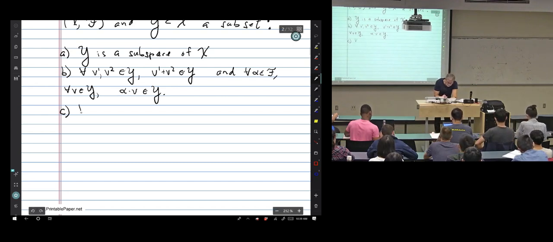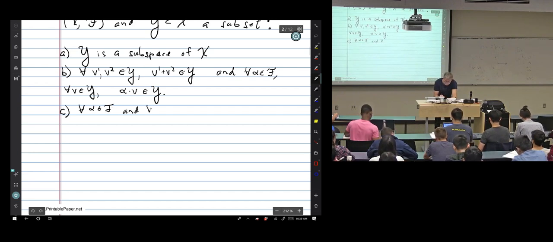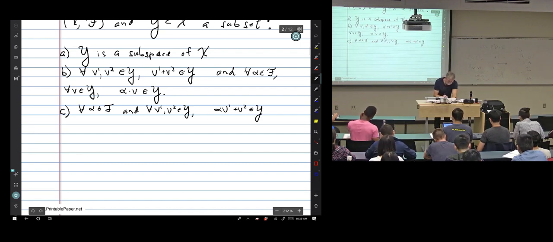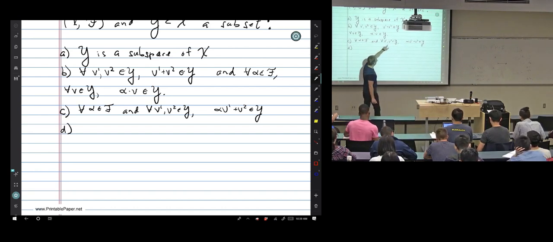You can say for every alpha in the field and for every pair of vectors in Y, the sum alpha times V1 plus, not alpha, just V2 is in Y. Okay, so here I'm checking in principle only one thing.